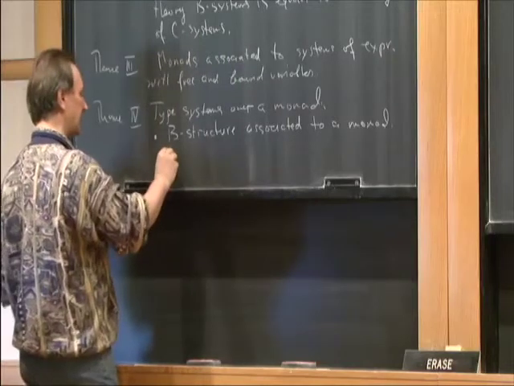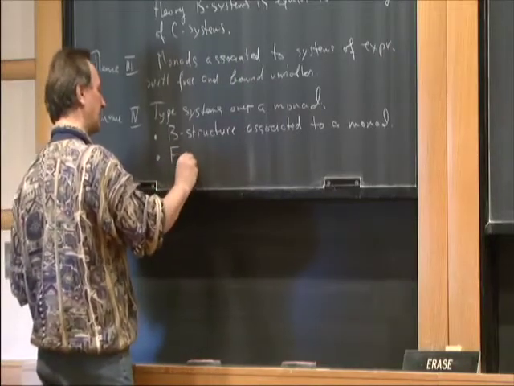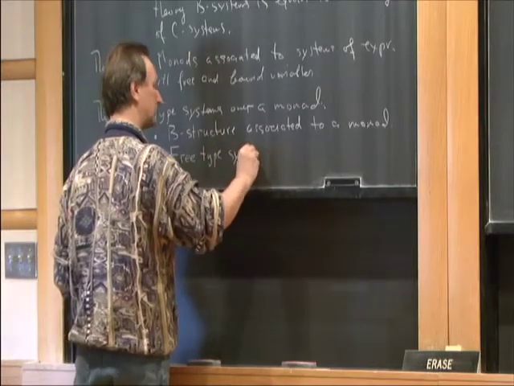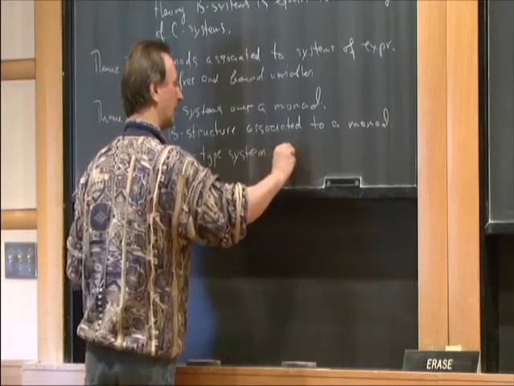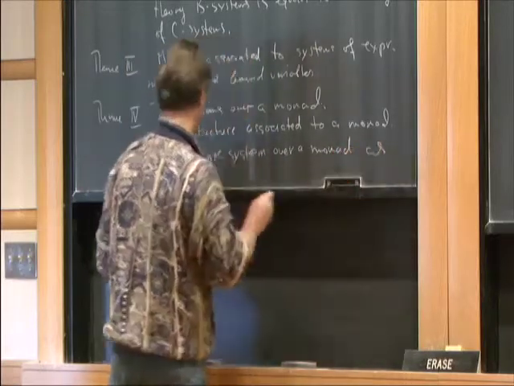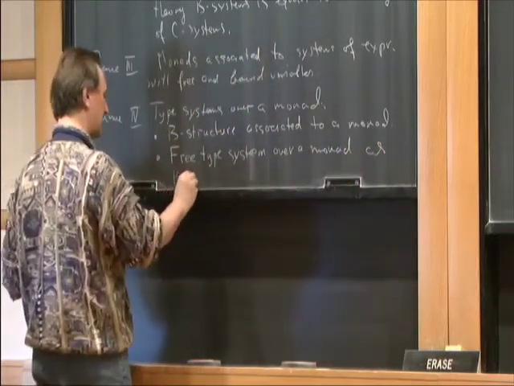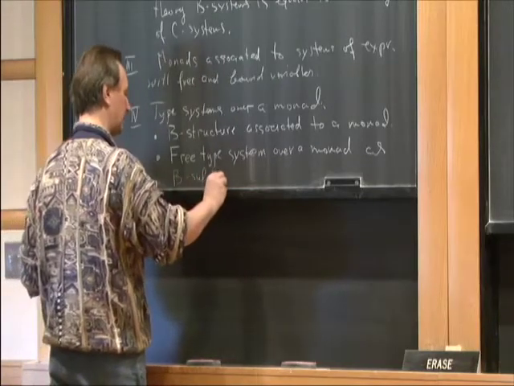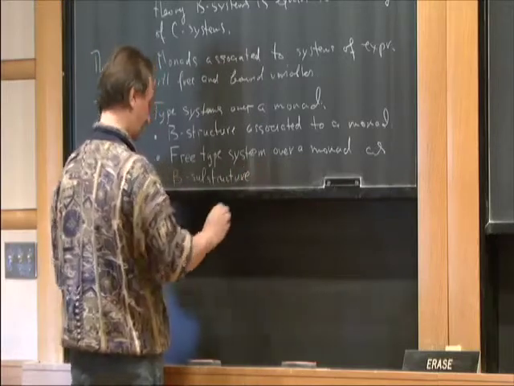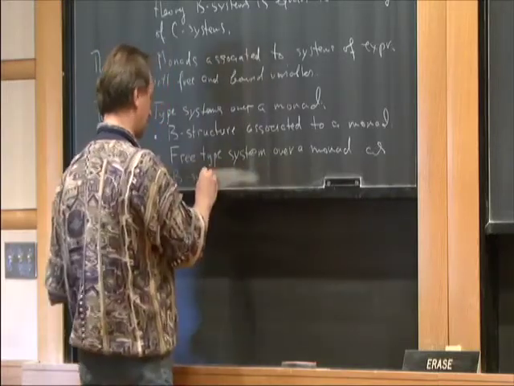We discussed the definition of a free type system over a monad as a B subsystem.